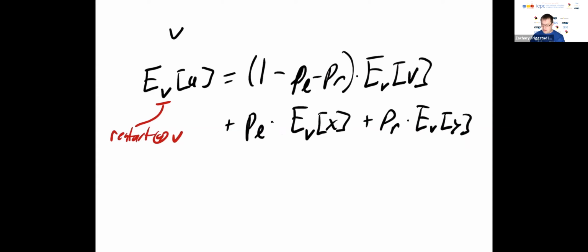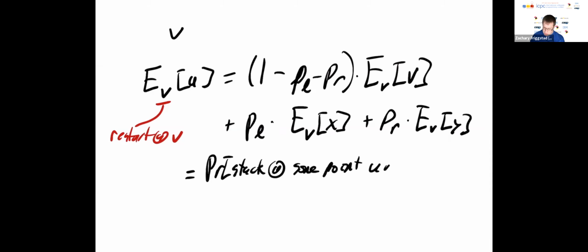now the nice thing is if you unroll this thing, I'll just leave this as a little exercise for you, but if you unroll the definitions of these things, you can prove the following by induction, that this is equal to the probability we get stuck at some point under U. So given that we reached U, it's the probability we get stuck at some point and then reset.